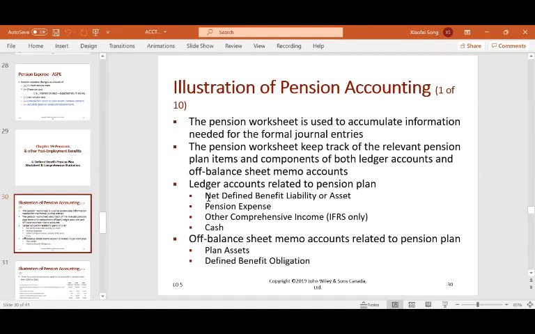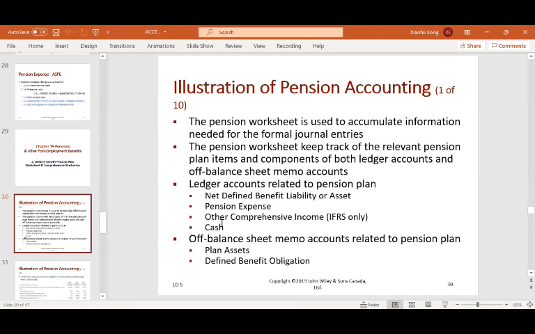The ledger account part has net defined benefit liability or asset, which is on the balance sheet, and pension expense, which is on the income statement. If the company follows IFRS, there's also other comprehensive income for remeasurement gains and losses. We will review all that in a minute.